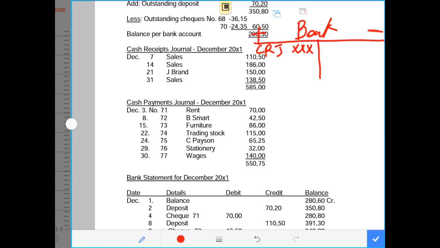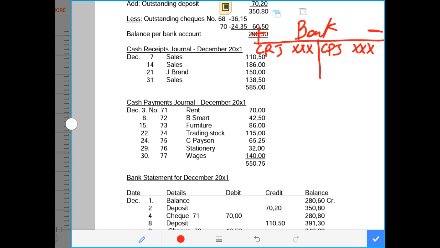It increases on the debit side whenever money is received. And whenever money is going out, we record that as a decrease in the bank account. Therefore all the cash payment journal items will be mostly recorded on the credit side.